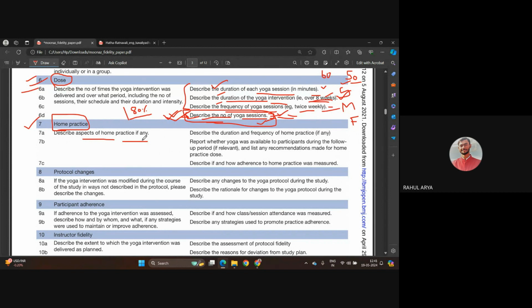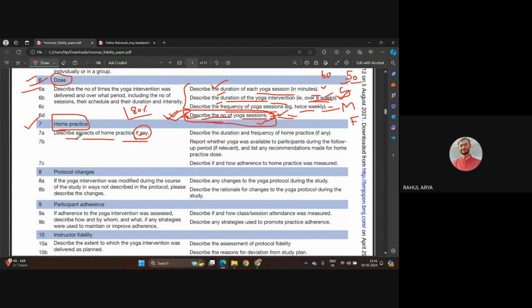It is not compulsory. That's why they are using the word here, if any. If you are providing recording, not follow, most of the COVID paper you will see this thing. COVID, because in the COVID period, offline mode is not possible. Most of the study during the COVID period, it was online or follow up.